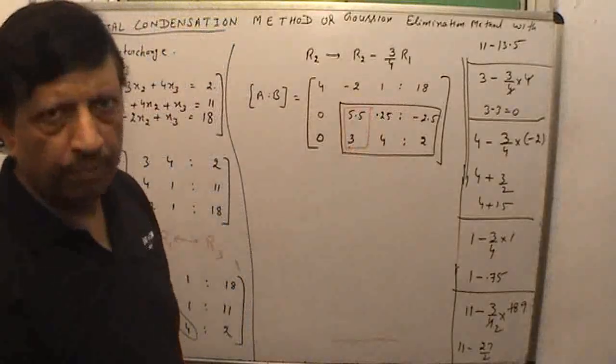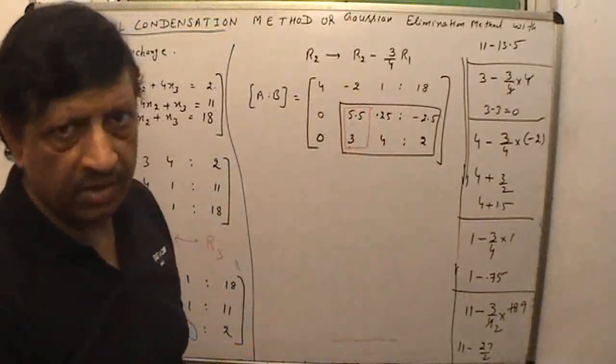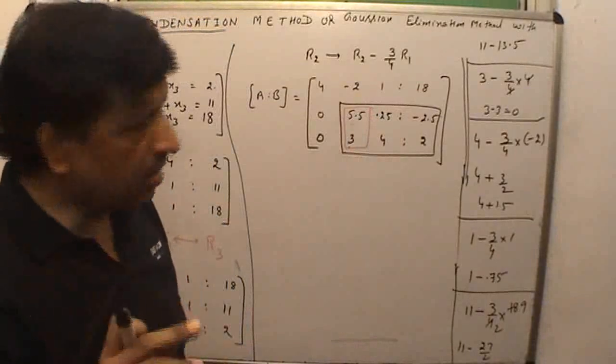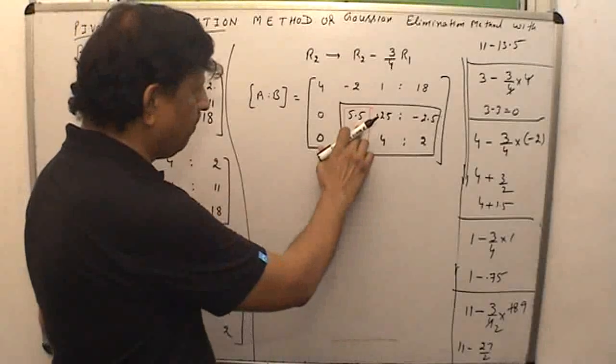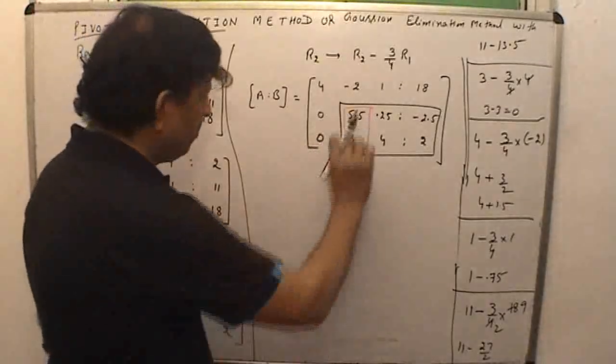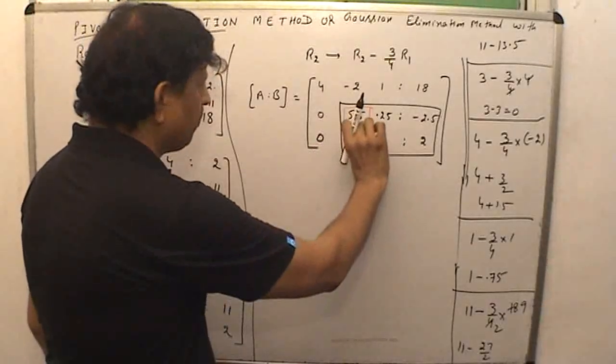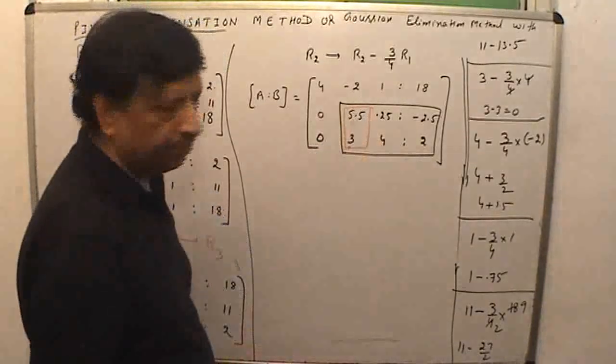Again, we look for the larger integer irrespective of the sign. Here it is 5.5 and we interchange them between R2 and R3.